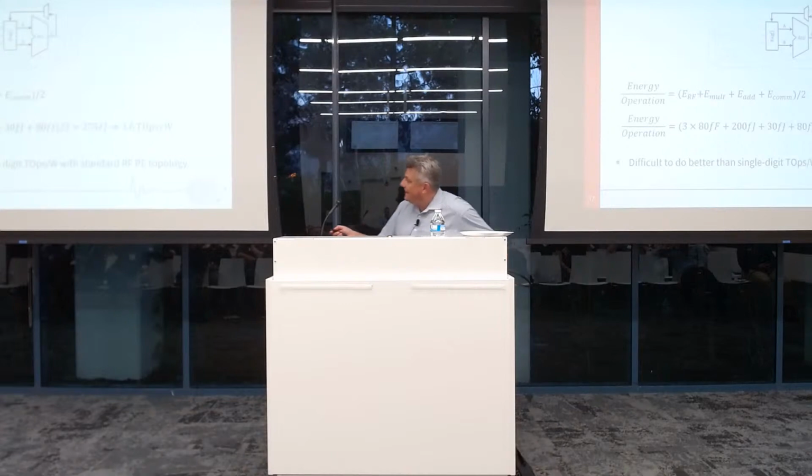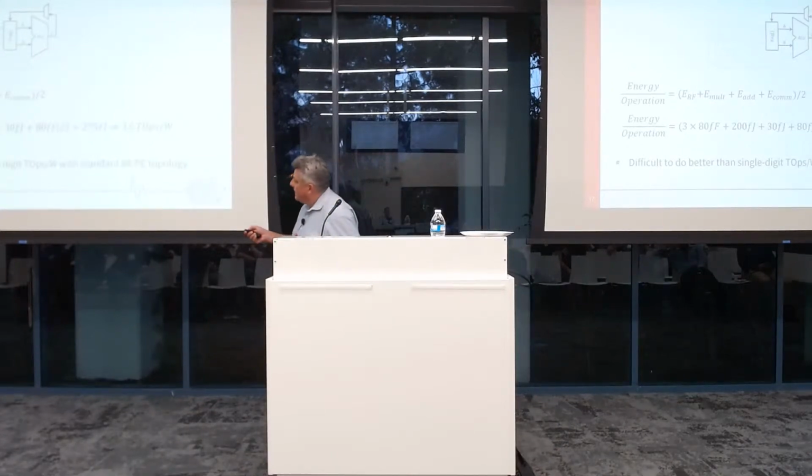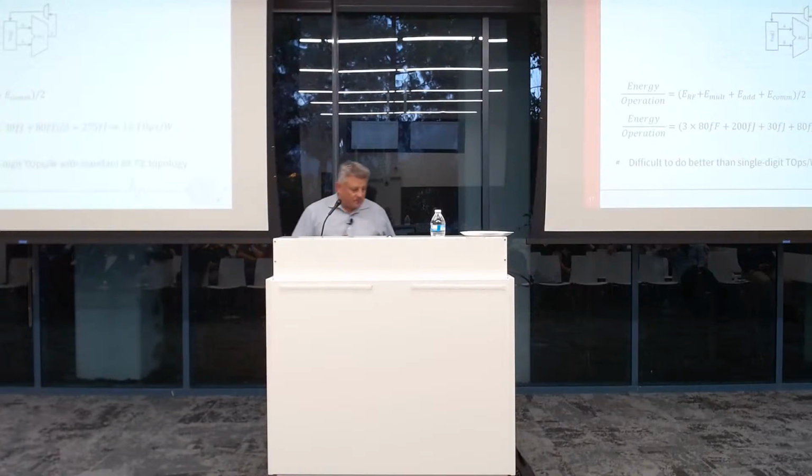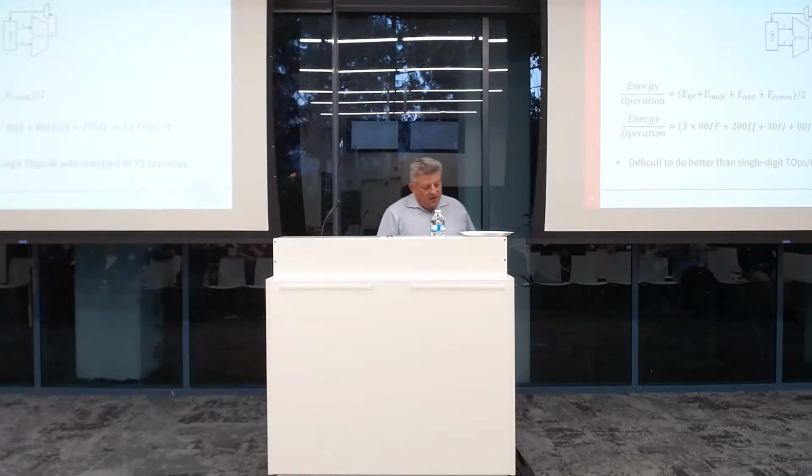If we just say that, then this is really the energy you're looking at. You have energy from the register file, from the multiplier, from the adder, and then some communication overhead, because you have to pass the data maybe to the next tile if you do some kind of accumulation across the tiles and so on.